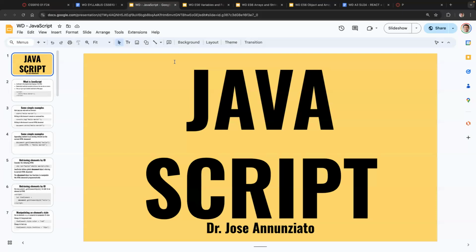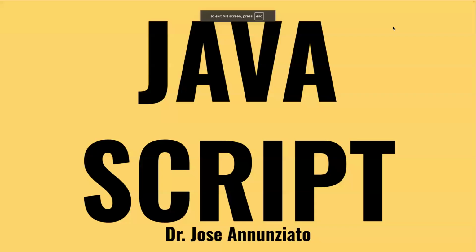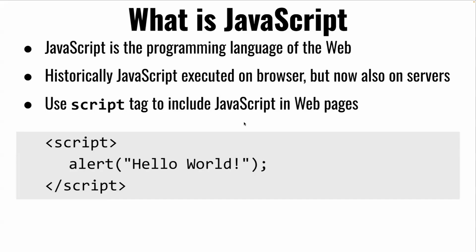All right. So let's talk about JavaScript. JavaScript is a programming language, and it's mostly used or most famous for being the programming language of the web.